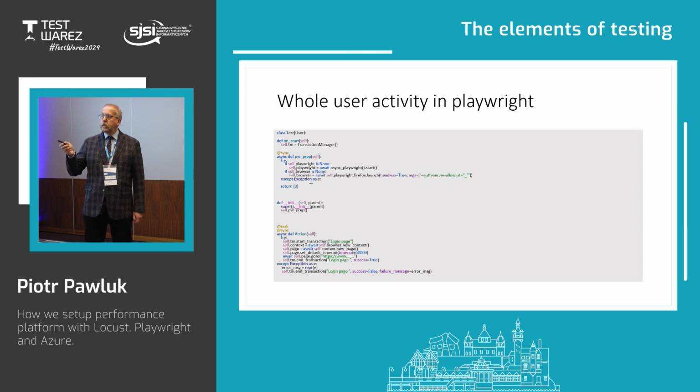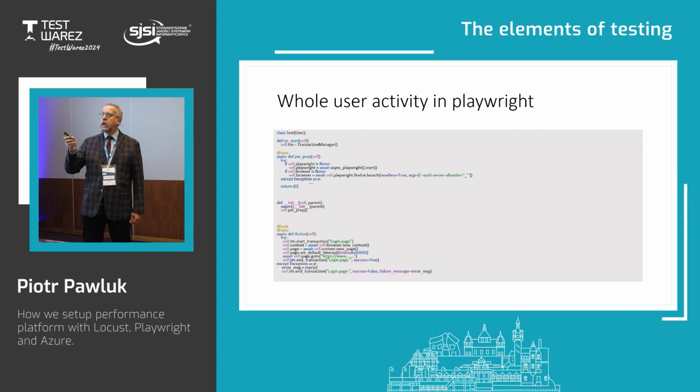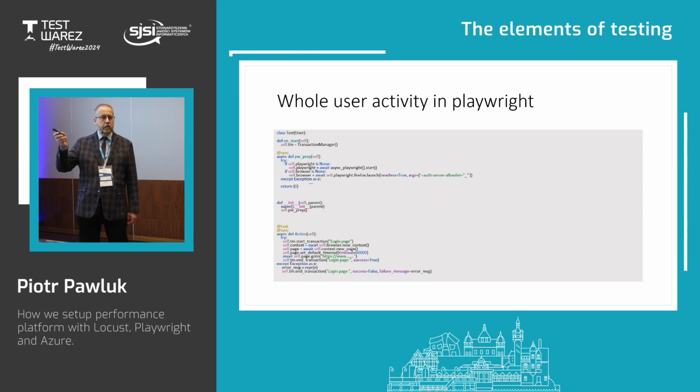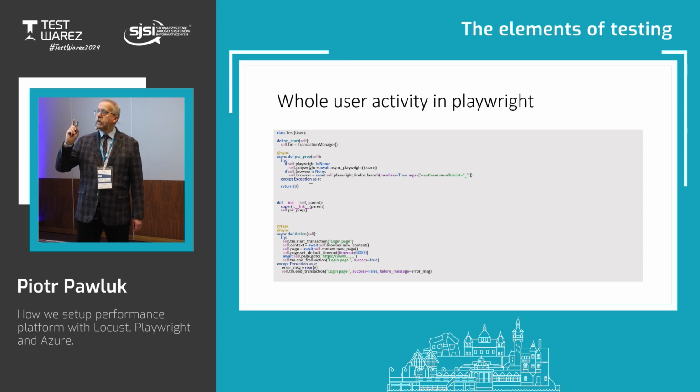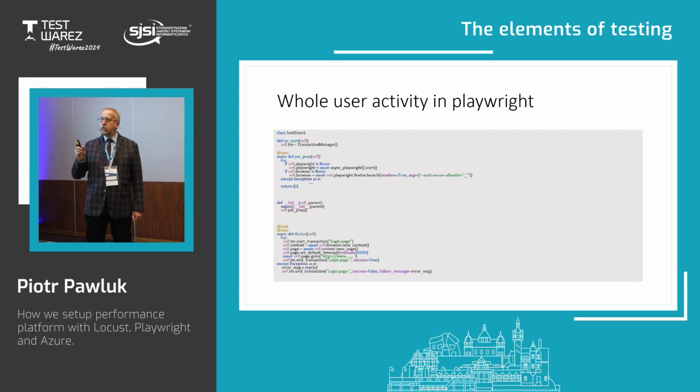And with the action, we define our action in our class. We are using this sync decorator, which was defined before, and the task decorator, which is from Locust. So based on these two, we create our activity, which will be repeated several times.